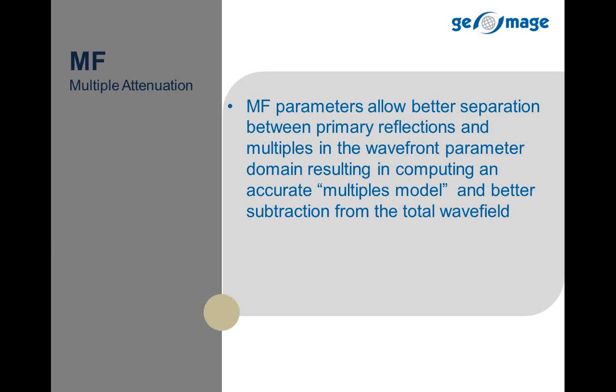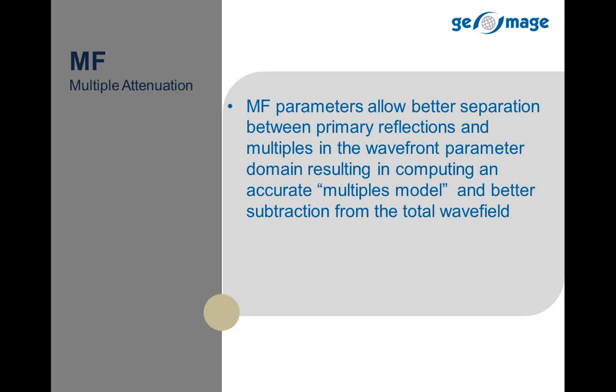The multifocusing approach allows us to do it very efficiently because we extract a number of parameters from the original data, and these parameters can be different for primaries and for multiples, even when some of them cannot distinguish between these two kinds of events. The others can do it.